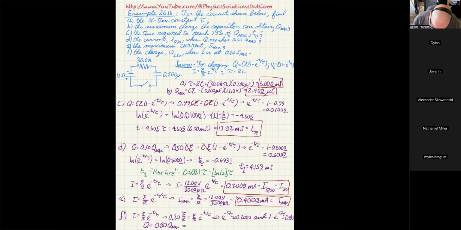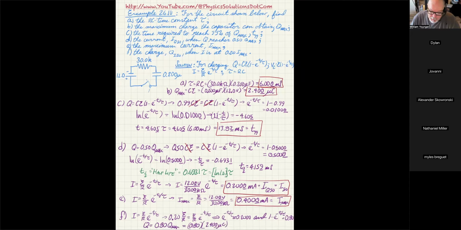So with this, I'm going to take my Q max and multiply it by 0.80, and we can assume that's to an infinite number of decimal places because they're literally asking us for it being 20% exactly. So our Q max we found was 2.4 microcoulombs. If I multiplied it by 0.1, I'd get 0.24. So this is going to be 2.4 minus 2 times 0.24.